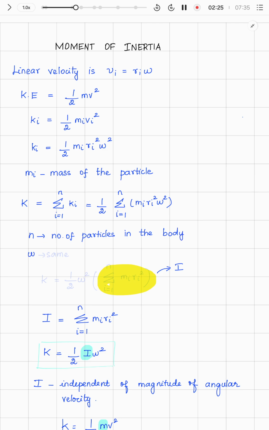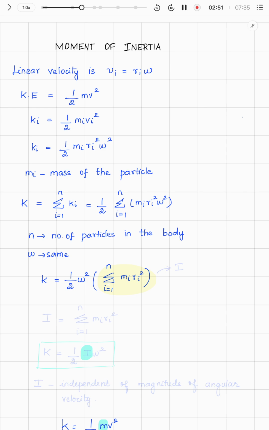Since the omega is the same for all particles, we can take omega as constant and take it outside. So half into omega square, and we can write the remaining terms: summation i is equal to 1 to n mi Ri square.